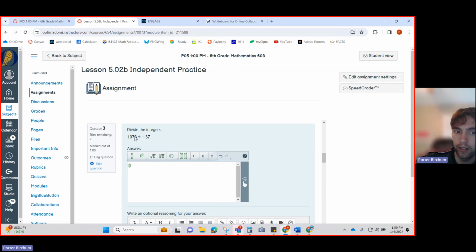Question 3, divide the integers. 1073 divided by negative 37. I know 2 positive numbers in my question make a positive answer. That's just normal. But a positive and a negative number, so if there's 1 negative in my question, my answer is going to be negative.